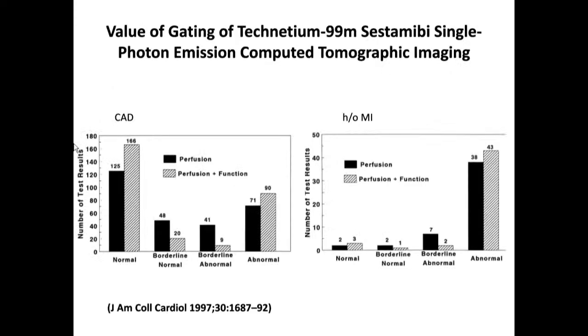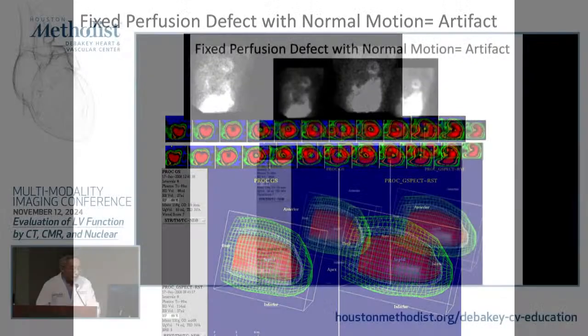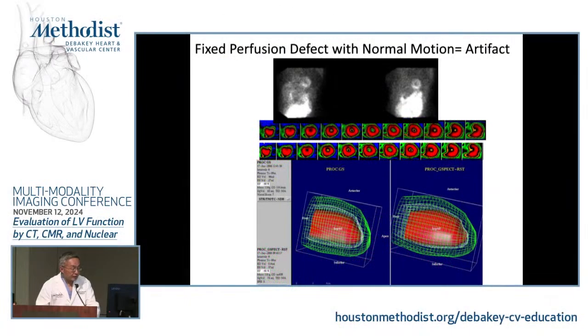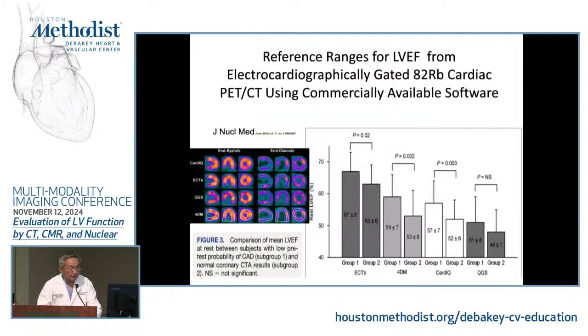As you can see here, if you have perfusion imaging plus gated function imaging, it makes you more confident in calling it normal or abnormal rather than intermediate. We do this all the time. If you have a fixed defect and normal wall motion, by definition, it's most likely an artifact. And it's been shown to improve the specificity, okay? So you don't end up calling a lot of false positives.